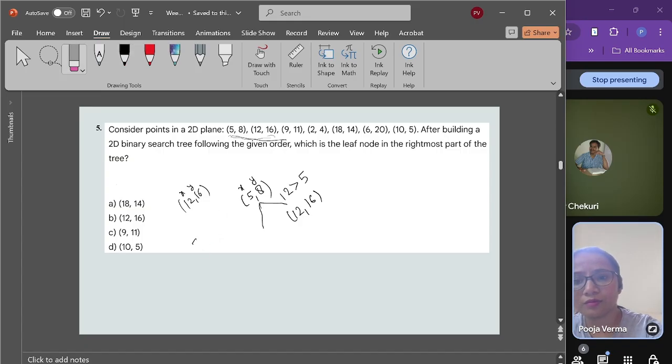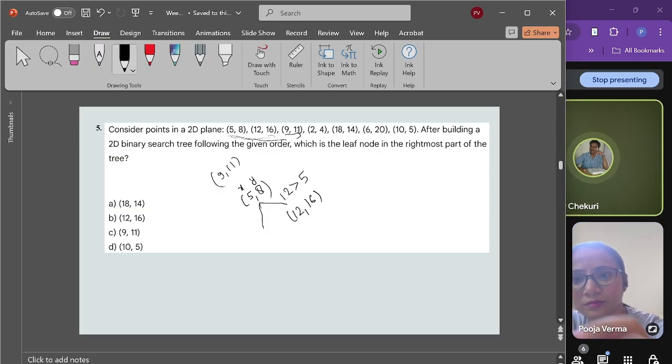Now we take the next value, which is 9, 11. The root node is 5, 8. 9 is also greater than 5, so it again takes the right path.